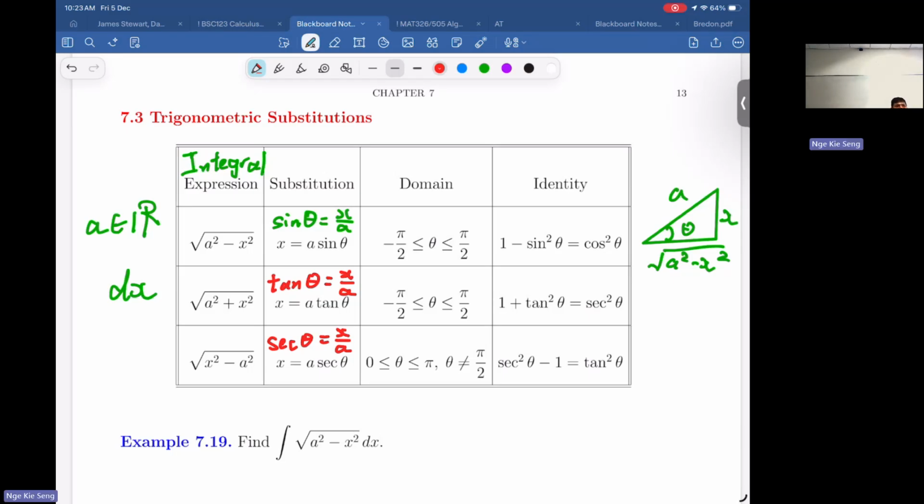I give you 1 minute to draw this. Let's try and draw the corresponding triangle.